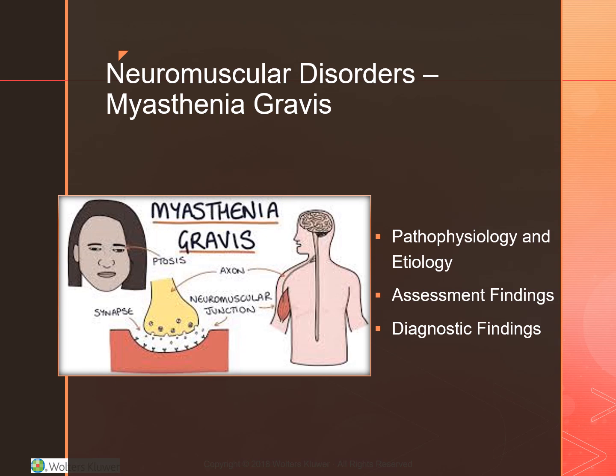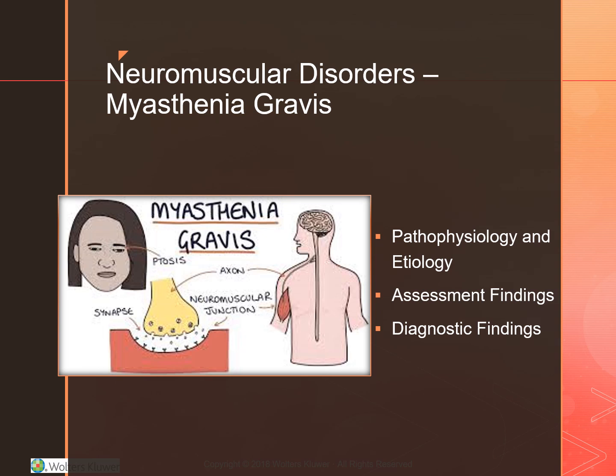The antibodies will bind to and degrade the acetylcholine receptors on the surface of skeletal muscles, occurring more often in women than in men. So these clients may have ptosis of the eyelids, difficulty chewing or swallowing, diplopia, voice weakness, that mask-like facial expression, weakness of extremities, and the respiratory system.